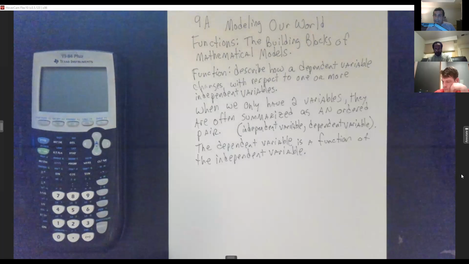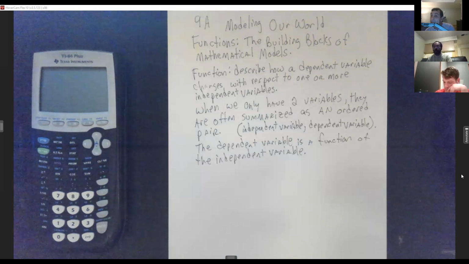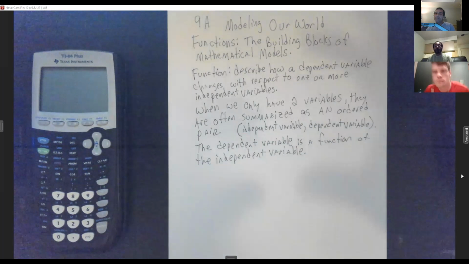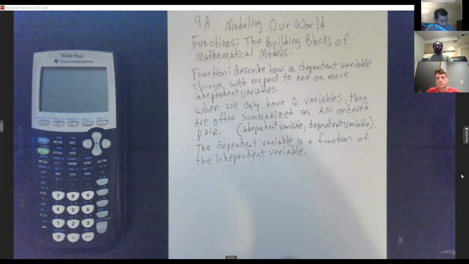Okay, so what that means is I take my independent variable, I do some kind of math to it, and I get my dependent variable. Once again, with my pay, I take those hours I worked and I multiply by what my pay is per hour. So I do a little math there, and it gives me my dependent variable or my output.